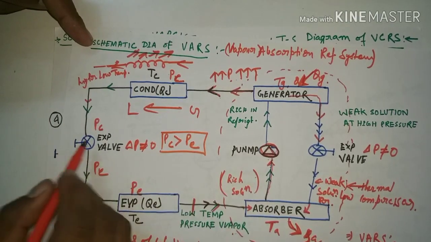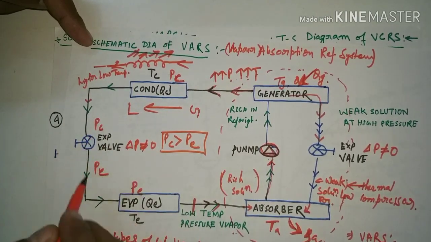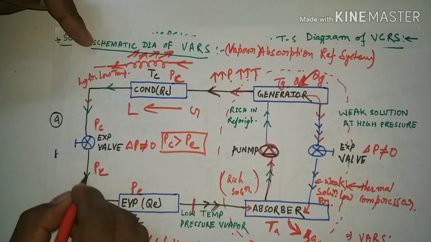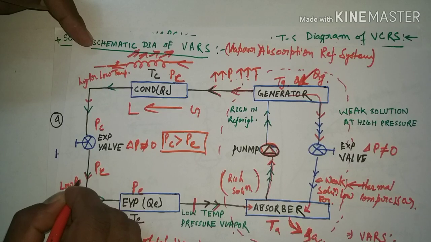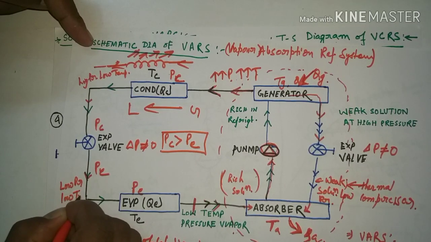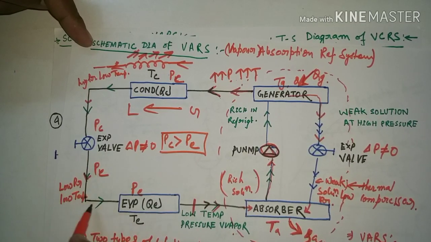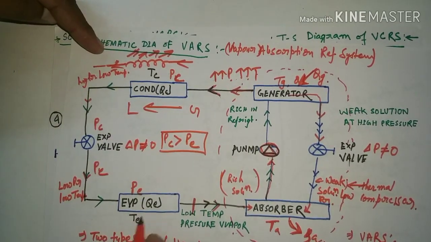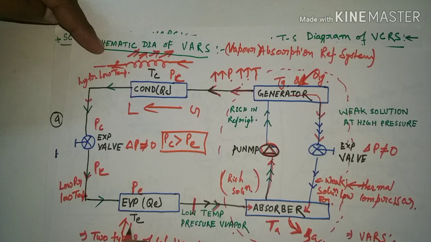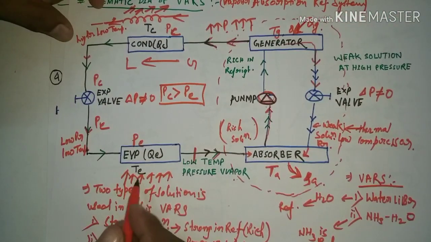Right, so this pressure change occurs from PC to PE, and at this point we have low pressure and low temperature refrigerant. This enters the evaporator, and what happens in the evaporator?